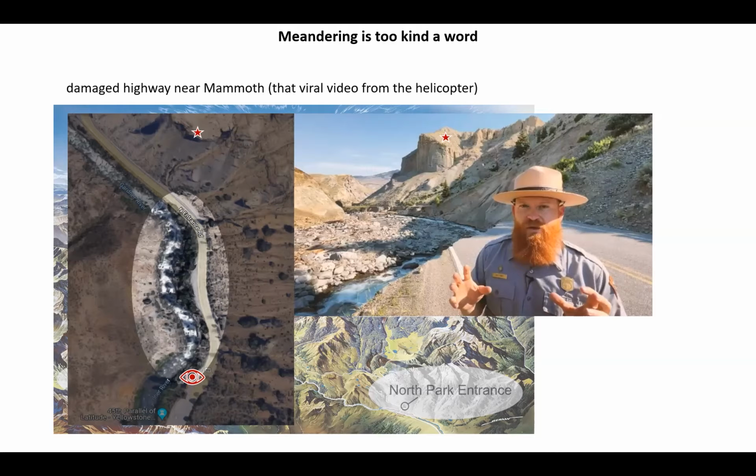But we're hoping that some of the work I'm doing can help us get better at predicting when these floods are going to happen. And with that foresight, we might be able to, well, at least mitigate some of the damage.